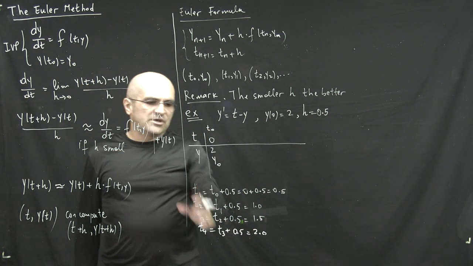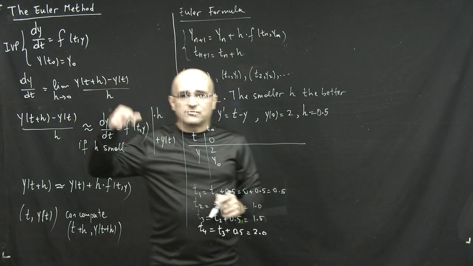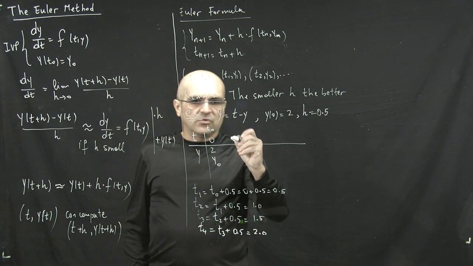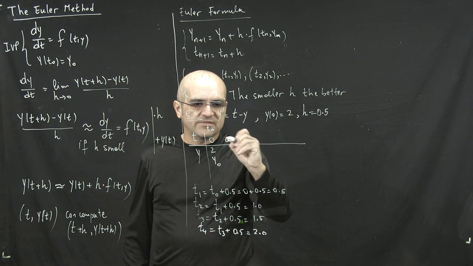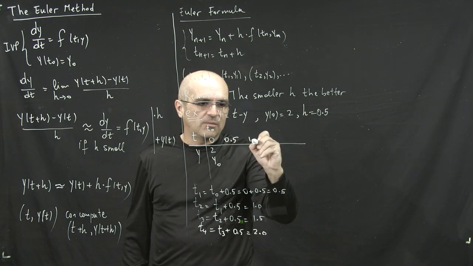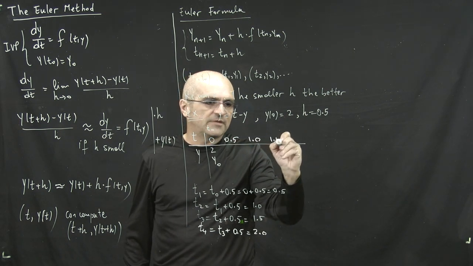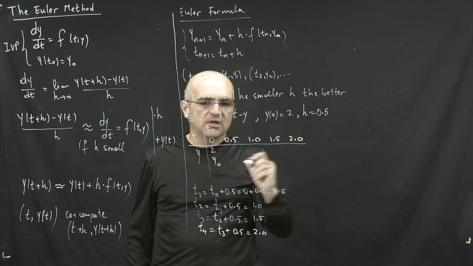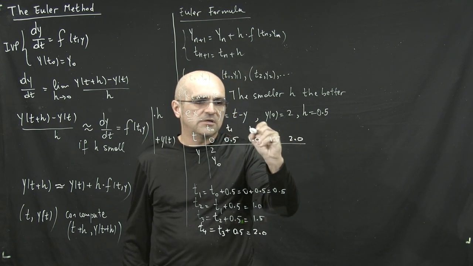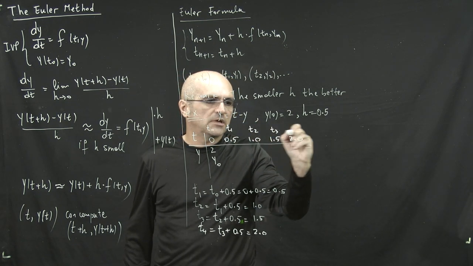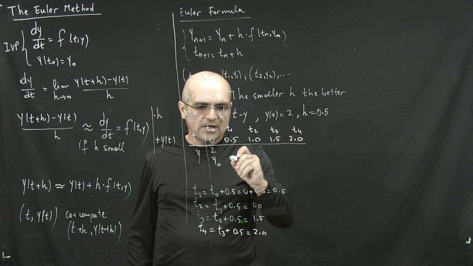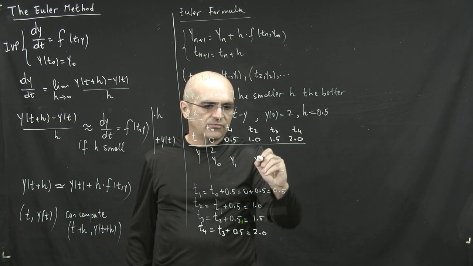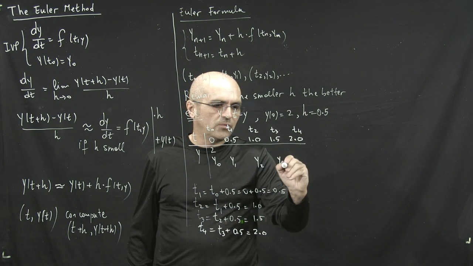You can do this in your mind, because you keep adding 0.5 to the previous time value. So fill in these values: 0.5, 1.0, 1.5, 2.0, which are t1, t2, t3, and t4. Underneath, we're going to put the values of y: y1, y2, y3, y4.